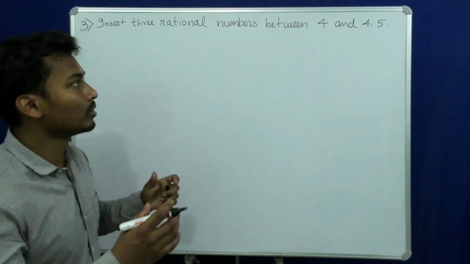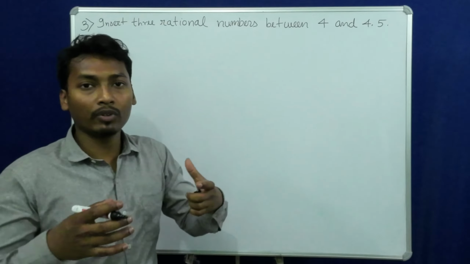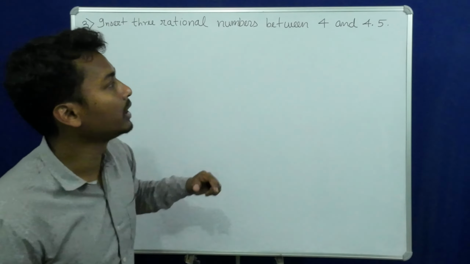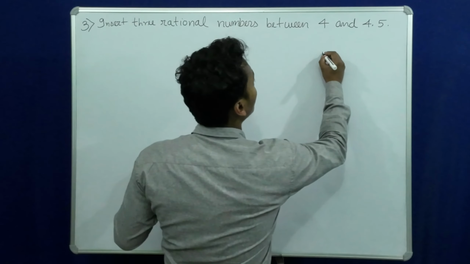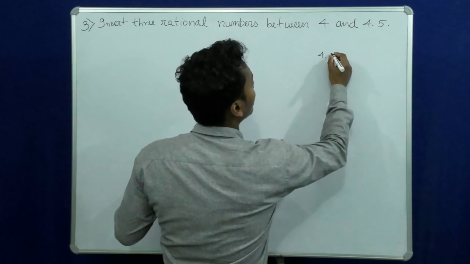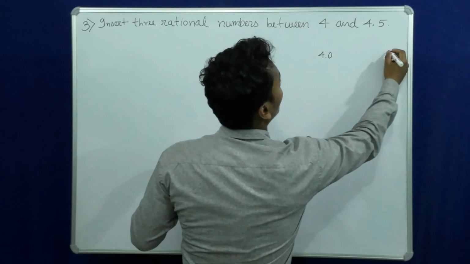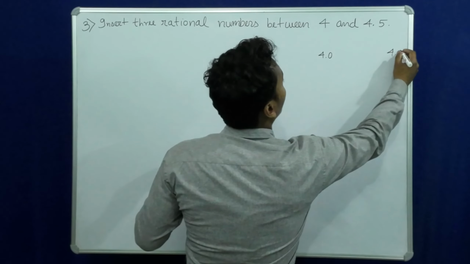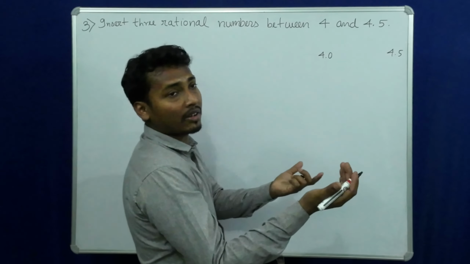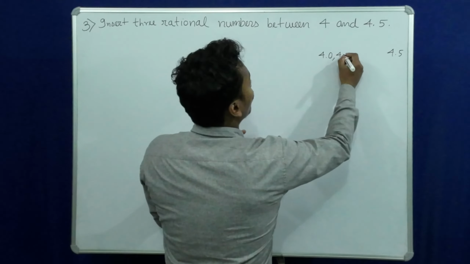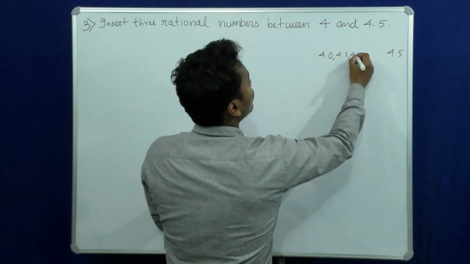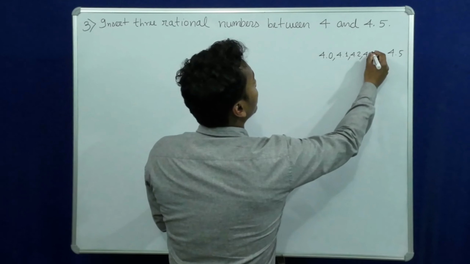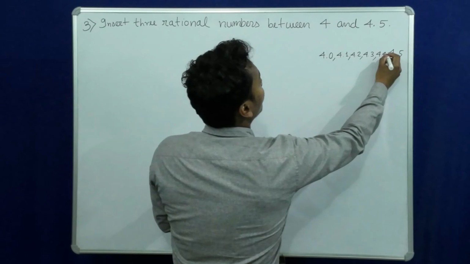Now if we think logically, between 4 and 4.5, if we consider 4 as 4.0 and this as 4.5, we can imagine some rational numbers between them like 4.1, 4.2, 4.3 and 4.4.